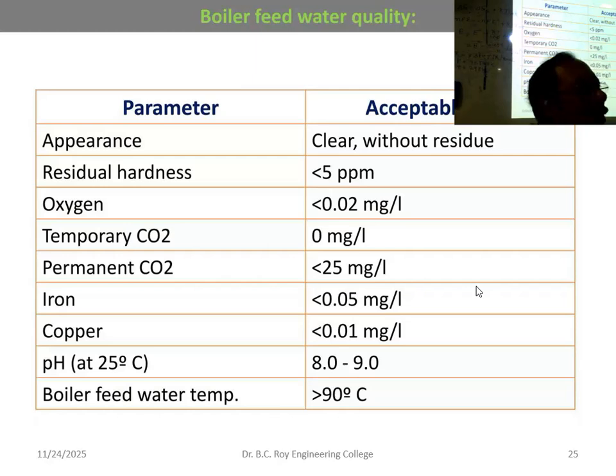Powdered coal is continuously blown inside the furnace and burned, because burning is very fast in that case. If you give powdered coal it burns very fast, and it is sent by blower. That is the way, a continuous process.